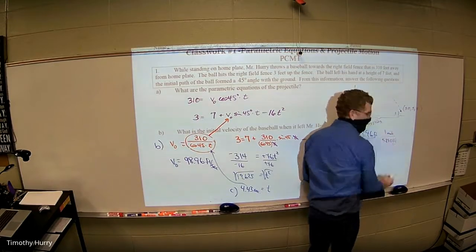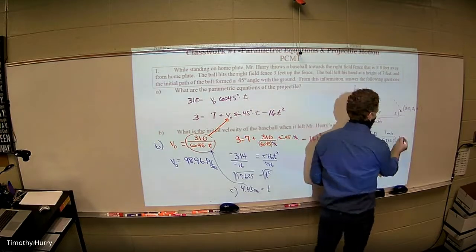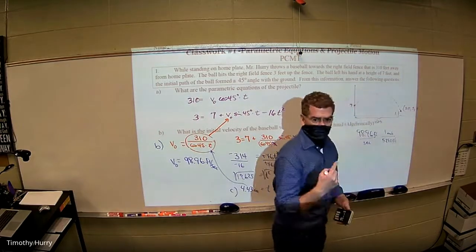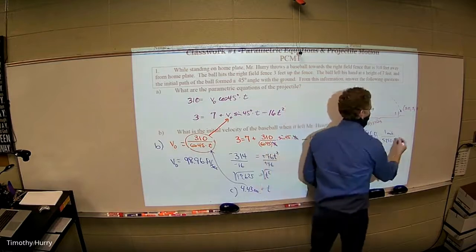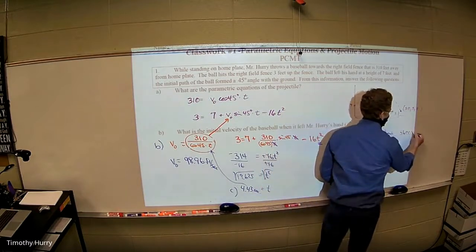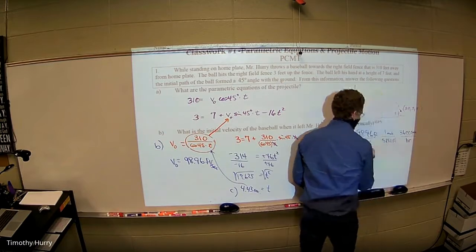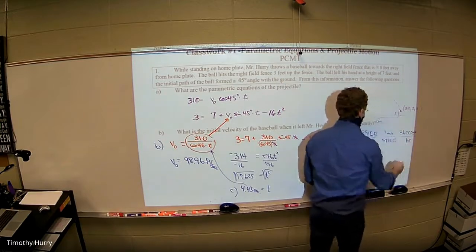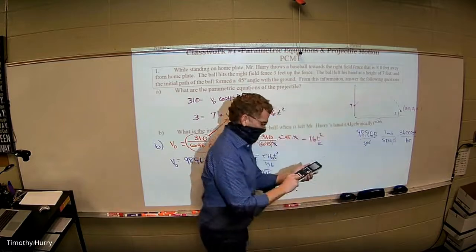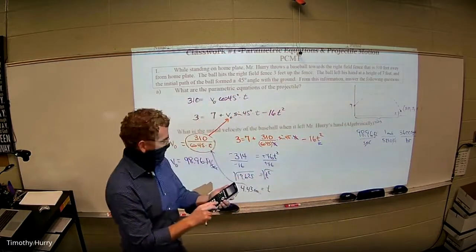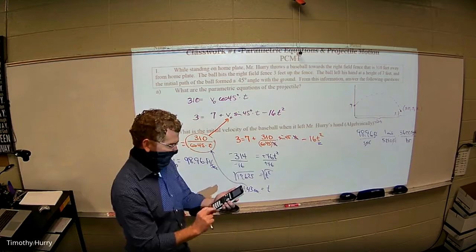That will get rid of my feet. I know that there are 60 seconds in a minute or 3,600 seconds in an hour. So I could say 3,600 seconds in 1 hour to cancel out seconds. And now I have miles per hour. So I'm going to take that, multiply by 3,600, divide by 5,280.